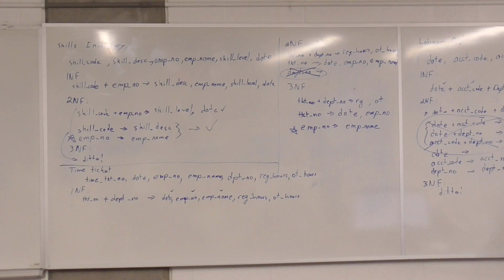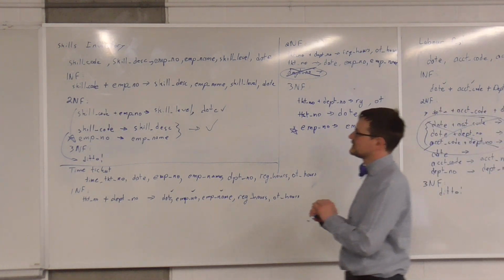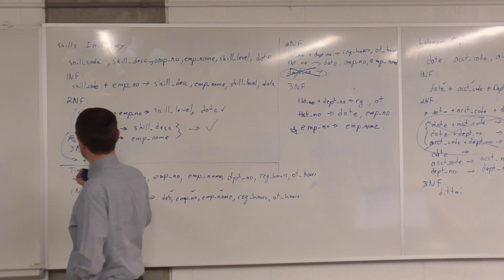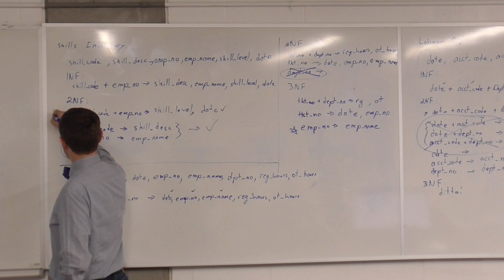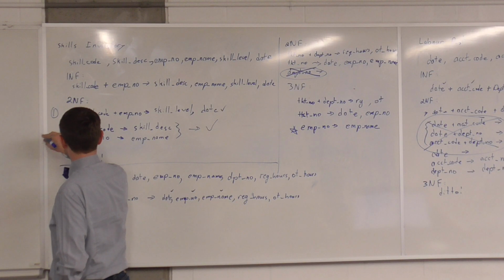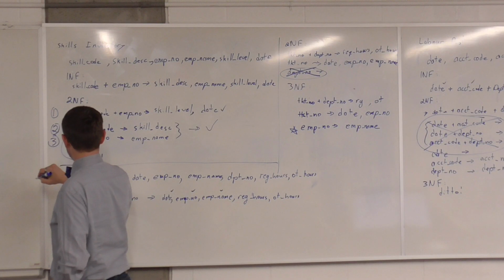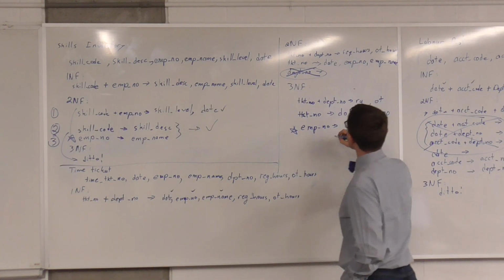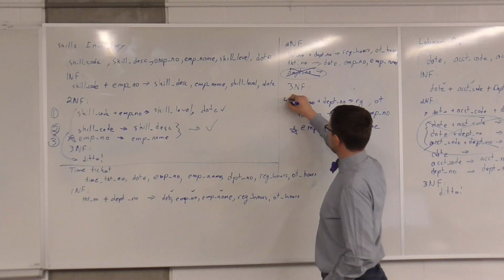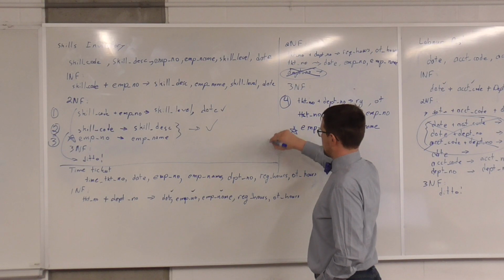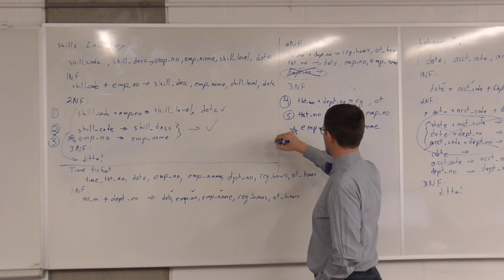Now, we were given a hint, 8 entities and 7 relationships. Let's count our entities, shall we? 1, skill code and employee number. 2, skill code. 3, employee number. 4, ticket number and department number. 5, ticket number.